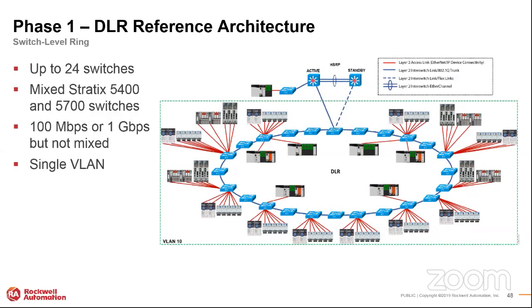Everything that they've tested with has been standard Rockwell hardware. From a switch standpoint, these little blue boxes all throughout the ring are typically 5700 or 5400 Stratix switches, which are the ones that support the DLR protocol.